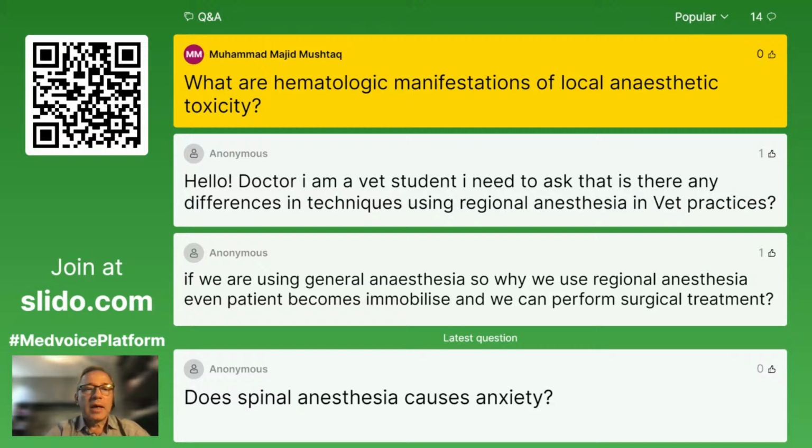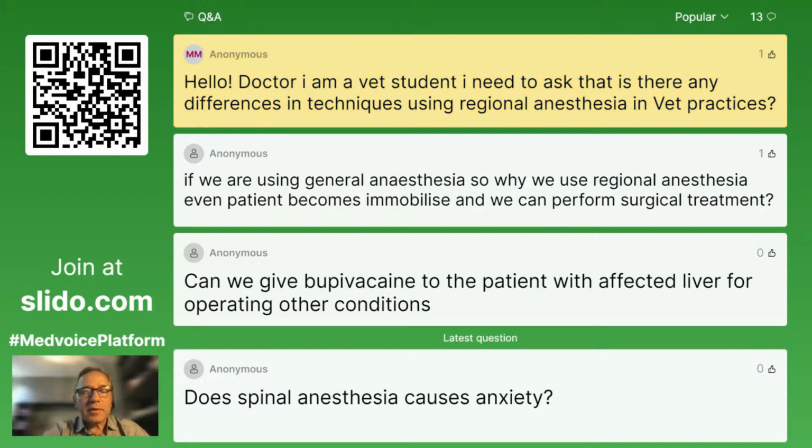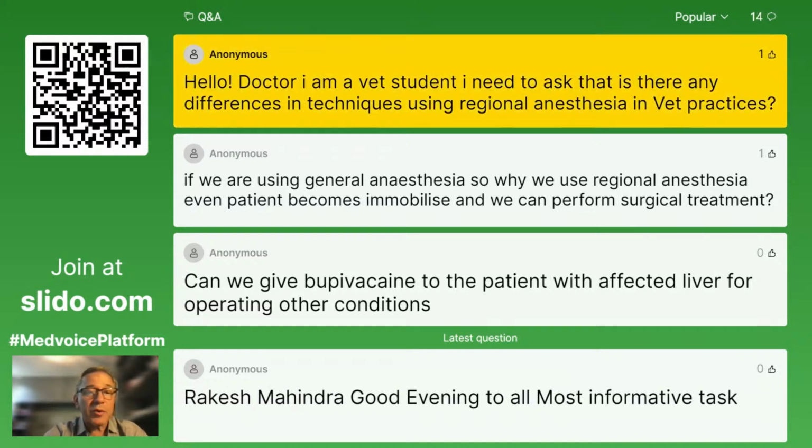Okay, next question is, I'm a vet student. I need to ask, are there any differences in techniques using anesthesia in veterinary practice? Well, you can appreciate that I am not a veterinarian, so it will be completely illogical for me to answer that kind of question. I will only be speculating.